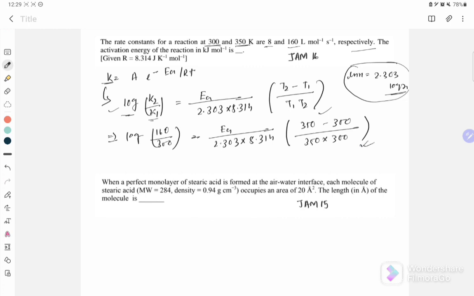This is the equation. You just have to calculate Ea. I am giving the answer, you can put it in the calculator and this is very easy. It will be 52.31 kilojoule per mole. That is the answer.